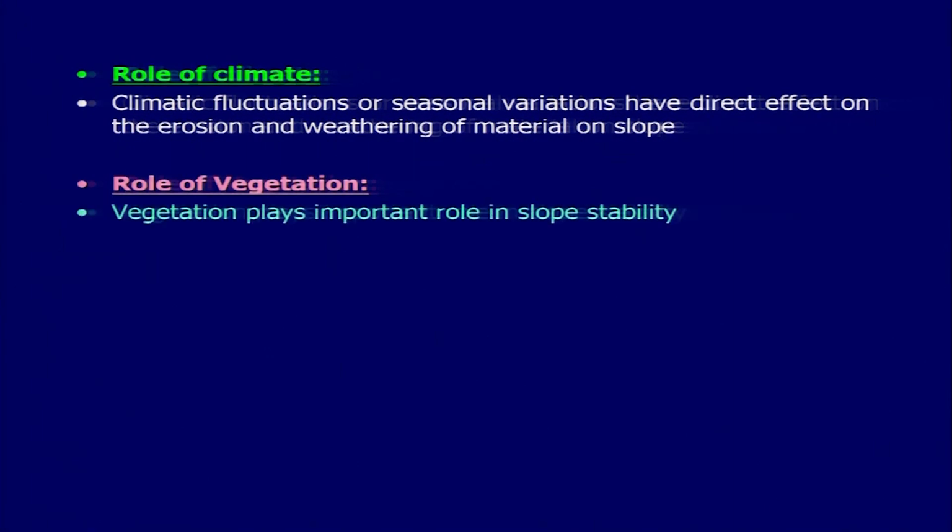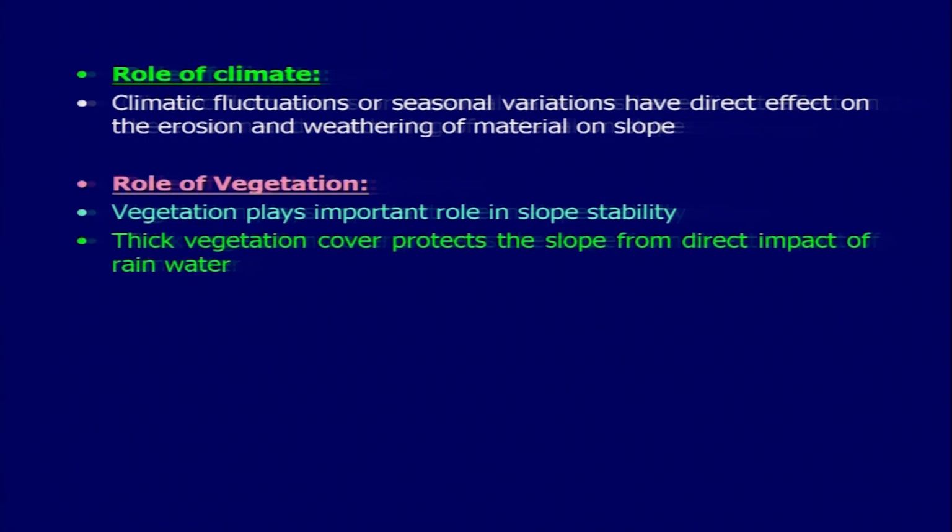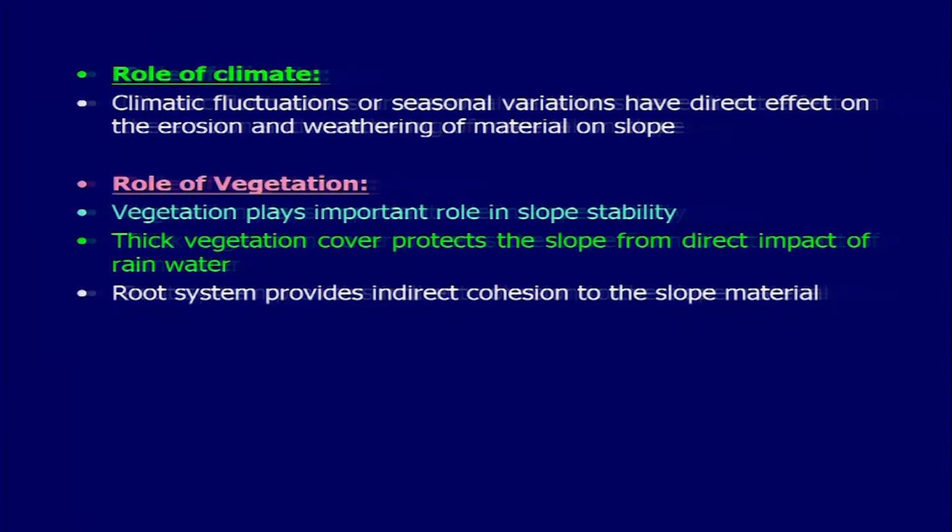Role of vegetation: it plays an important role in giving stability to the slope. Thick vegetation cover protects the slope from the direct impact of rainwater. It will not allow the water to percolate down. The root system provides indirect cohesion to the slope material.